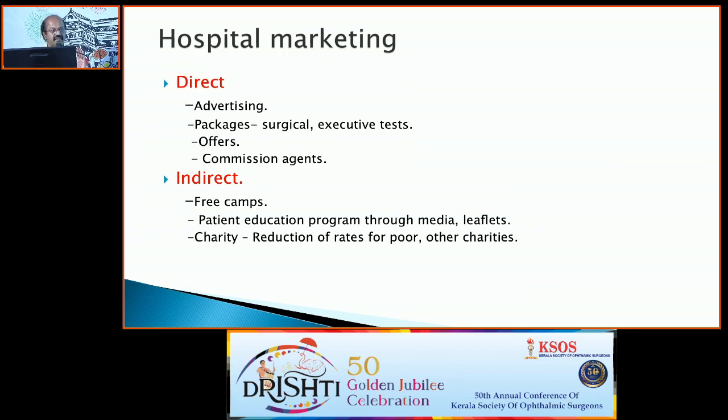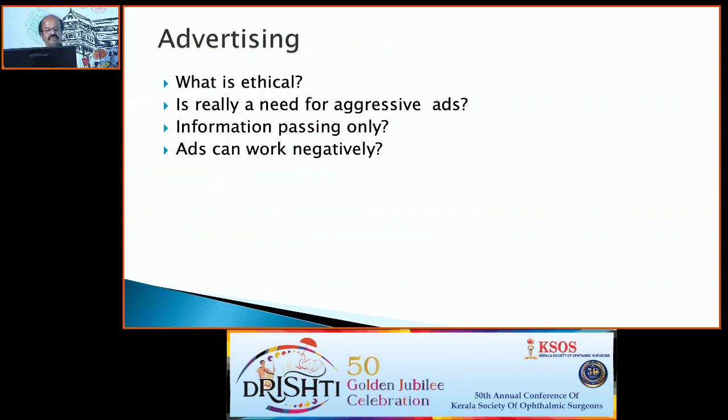In Kerala, if you look at the major hospitals, they are working in the indirect way. They work on free eye camps, patient education programs through media and leaflets. These all work to some extent as marketing. And charity, reduction of rates. I will come to each.